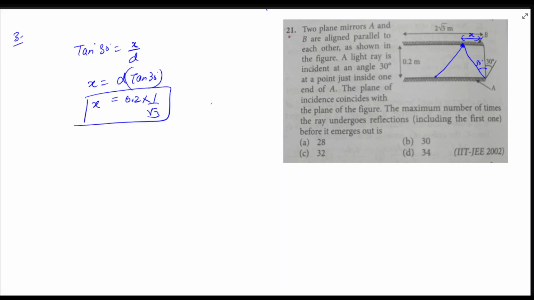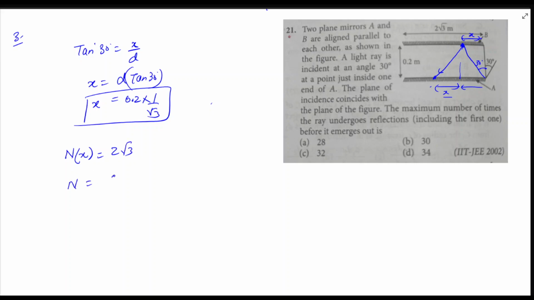Now when it is about to do the second reflection, how much will it cover? Again x will it cover, right? So the total number of reflections will be according to the total number of x, right? So let's say there are n reflections, and n times x should be equal to this total distance, which is 2 root 3.